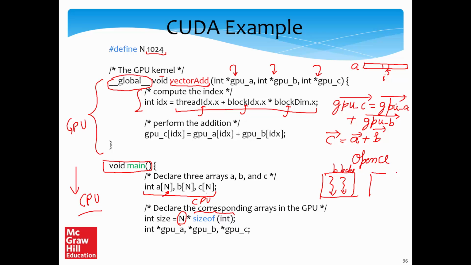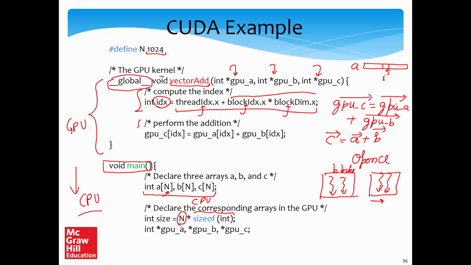So ultimately the ID of a thread is the ID of the block multiplied with the size of the block, plus the ID of the thread within the block. This is exactly what this is trying to specify. This is how we get the identifier, the global identifier, the index.